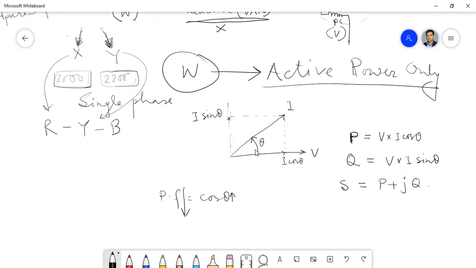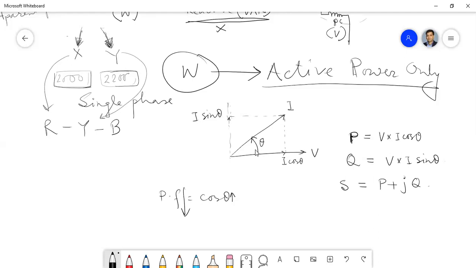Which component will increase? The reactive power will increase. That means the more large motors you use, which have big coils with a lot of inductance, they will consume huge reactive power. And if they take huge reactive power then the voltage will be very poor, that means the utility then has to install something to improve the voltage.